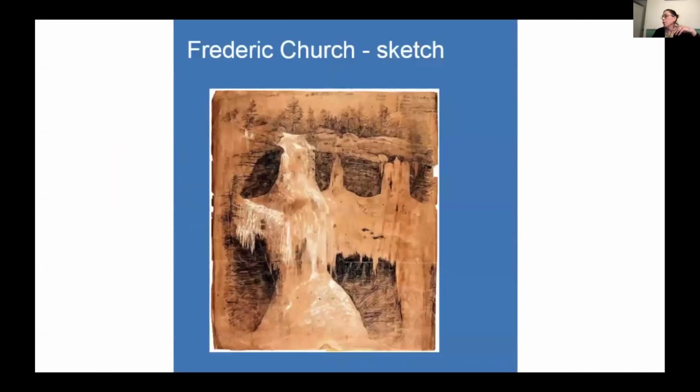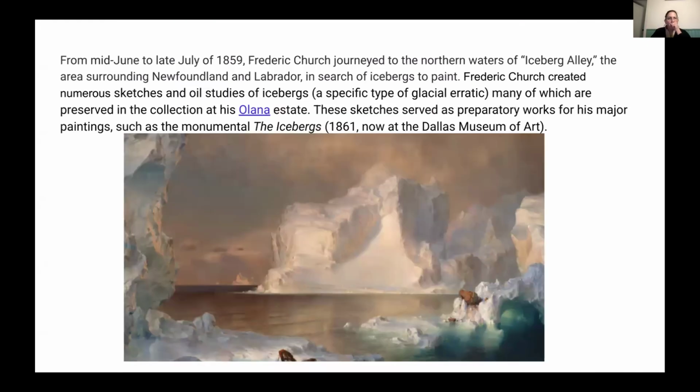And of course, Frederic Church, also Thomas Cole, are very well known for engaging with icebergs. This is actually a sketch of an iceberg. So he traveled to Newfoundland and Labrador in search of icebergs to paint. And this is a very famous painting of his in Dallas.